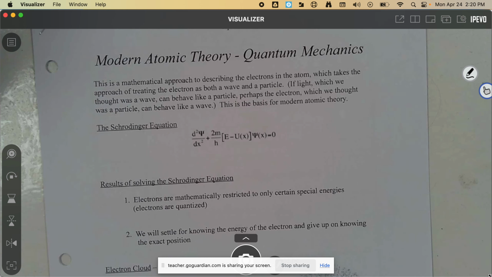It basically means that if you set up an experiment to show that an electron is a particle, you win. It will be. And if you set up an experiment to prove that the electron is a wave, you win again. It will be. But an electron is neither a wave nor a particle. It's a thing that we cannot fathom that exhibits what's called wave-particle duality.